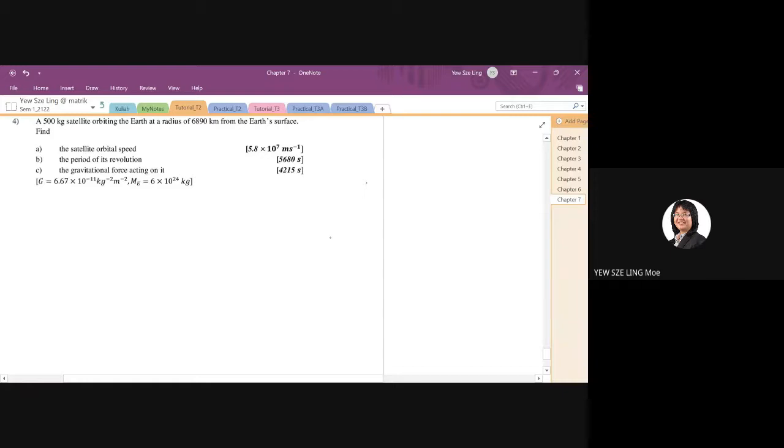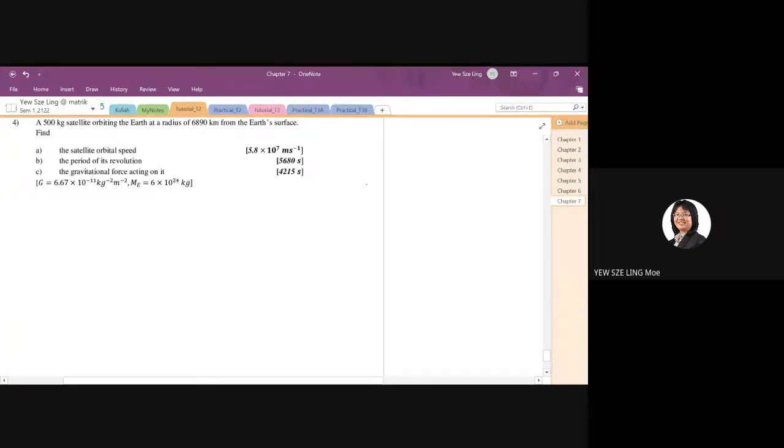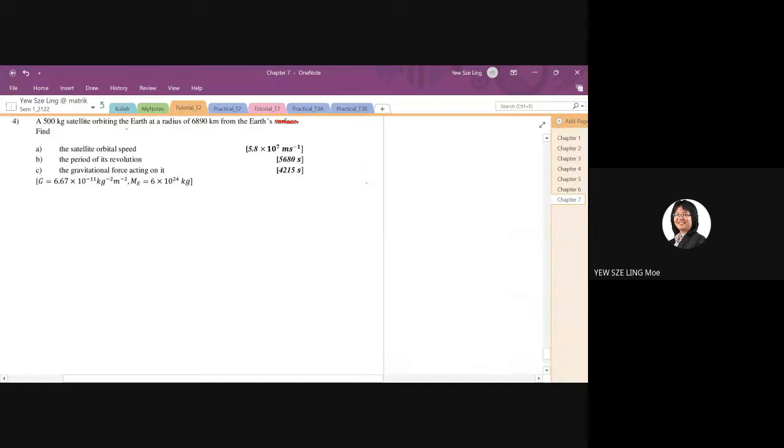Okay, so a 500 kg satellite orbiting the Earth at a radius of 6,890 km. Note this is from the Earth only, not from the surface. So a 500 kg satellite orbiting the Earth at a radius of 6,890 km from the Earth.